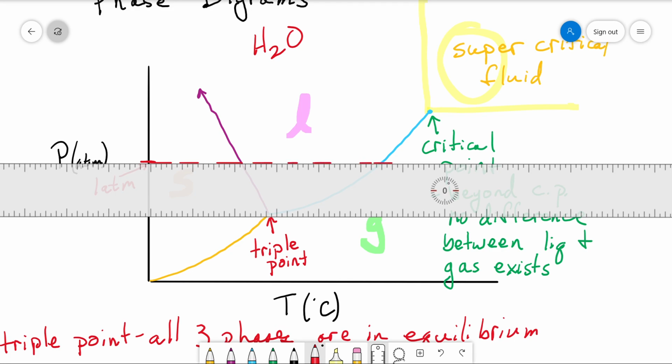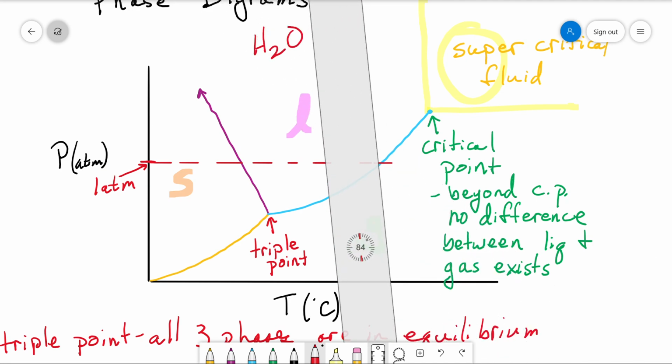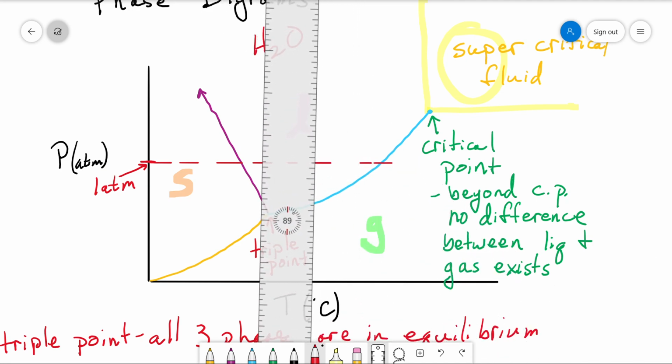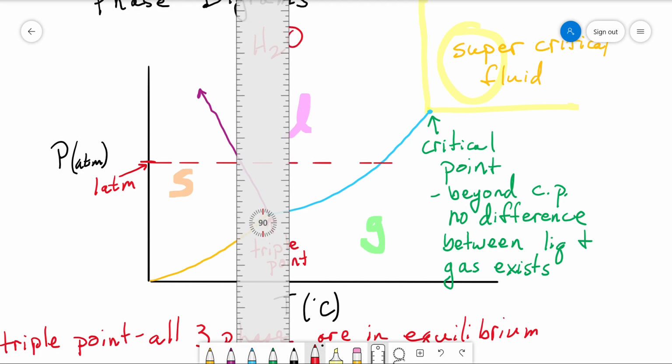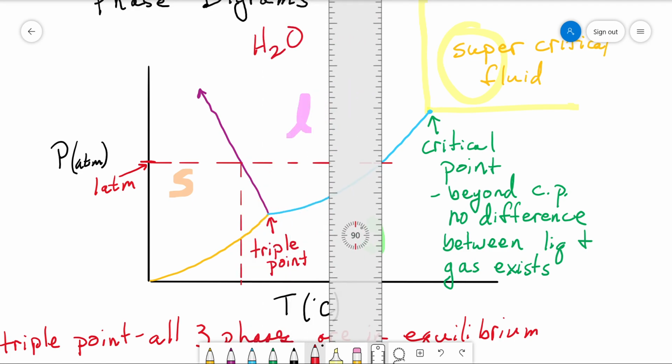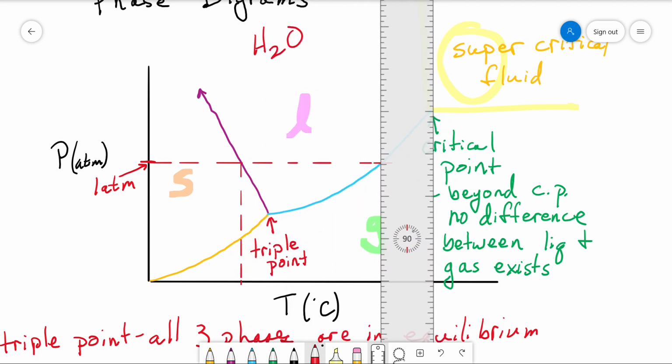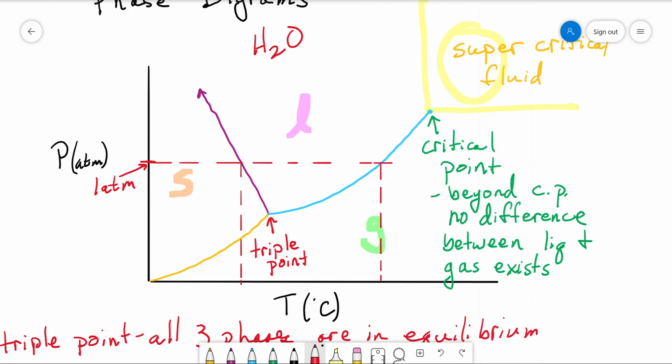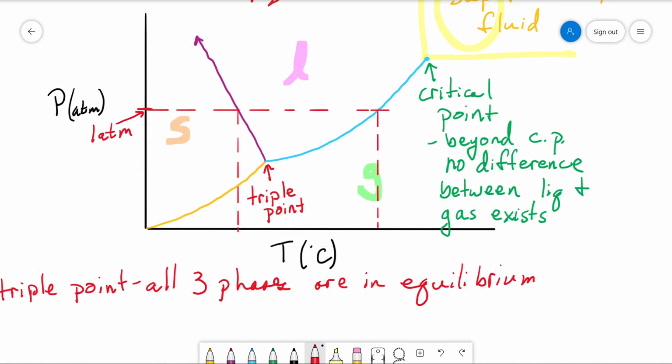Not a very good dotted line, but that's okay. Then I'm going to drop down to the x-axis. And we can read a temperature off of there.